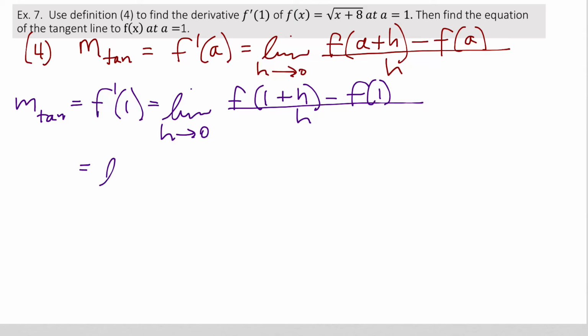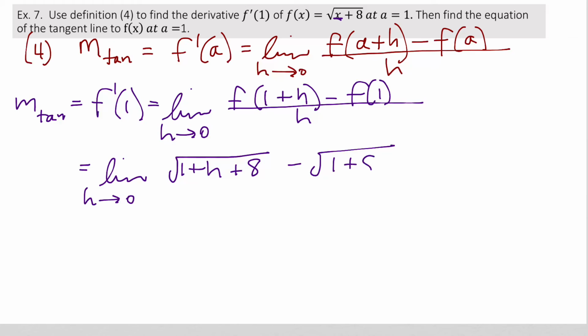So that's the limit as h approaches 0. So 1 plus h goes in wherever I have an x. So 1 plus h right here where I have an x, plus 8, that's the first part, minus f of 1, so that's 1 where I have an x, plus 8, so that's going to be the square root of 9, over h.